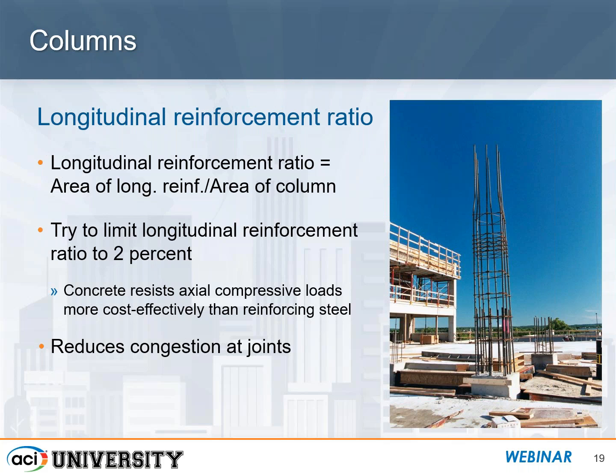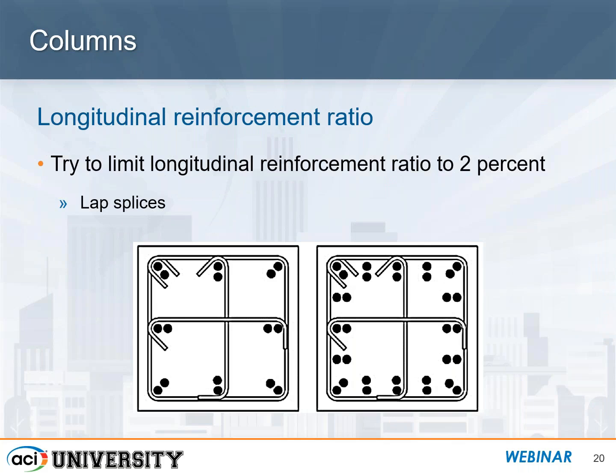And just to give you a real simple idea of what that is, when you're lap splicing all the bars at one particular region of the column, and that of course is by far the most common thing to do, you can run into issues very quickly once you have 3-4% of reinforcement in the column.